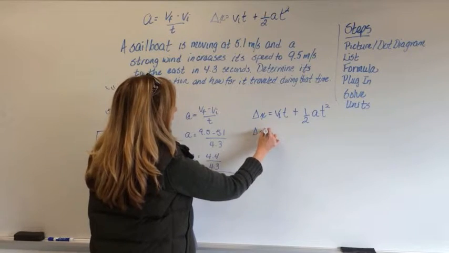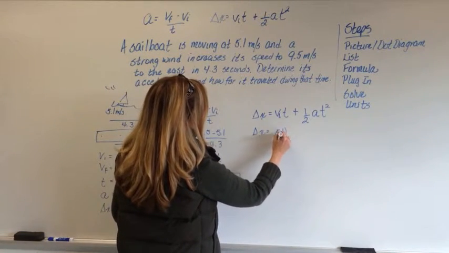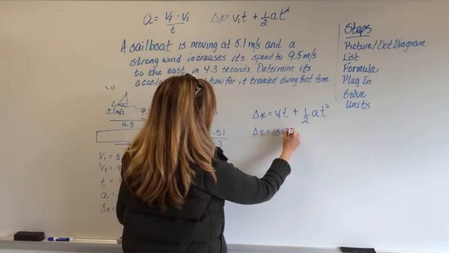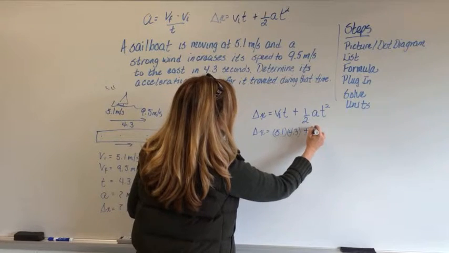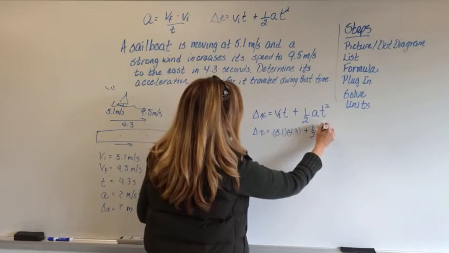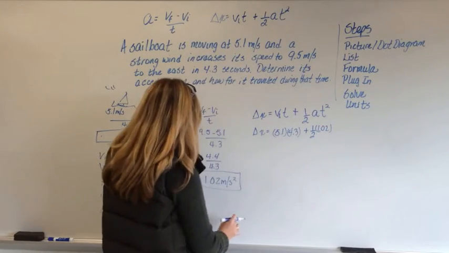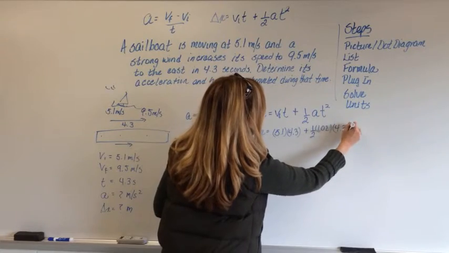Let's plug in our values. Our initial velocity, we have 5.1 times our time, which was 4.3. To that, we're going to add 1/2 of our acceleration, which was 1.02, times our time squared, which is 4.3.